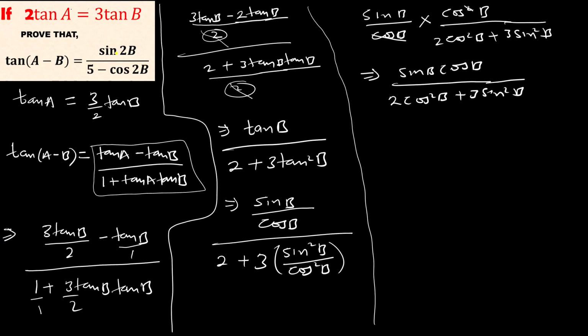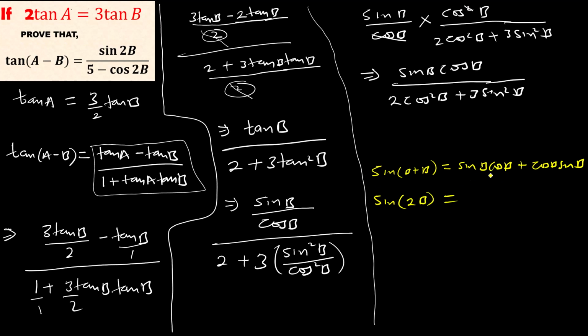Now let's focus on the right hand side. We have sin 2B, and sin 2B is a double angle, and we need to adjust the numerator to look like this double angle, that is sin 2B. We know sin(B + B) is the same as sin B cos B plus cos B sin B. So this side will be sin 2B.